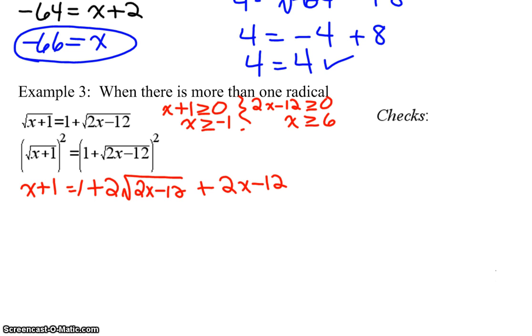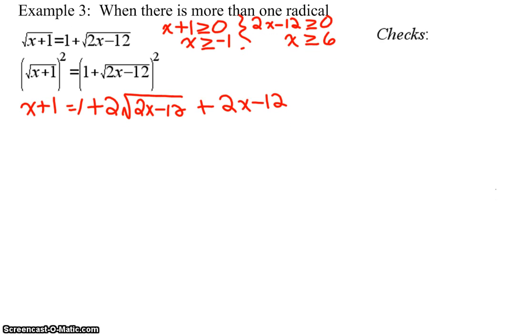I've squared both sides, and notice it still looks ugly, but I at least only have 1 square root now. At this point, I'm ready to start doing some simplifying. I can see that both sides of the equation have a 1, so I don't have to worry about that. I could subtract that off both sides of the equation. I also want to get the radical by itself, so I have to get rid of the 2x minus 12, and I also am going to end up having to get rid of the coefficient of 2 as well.